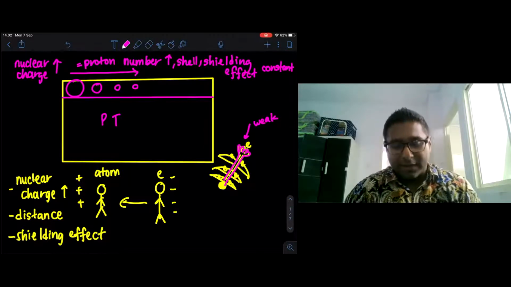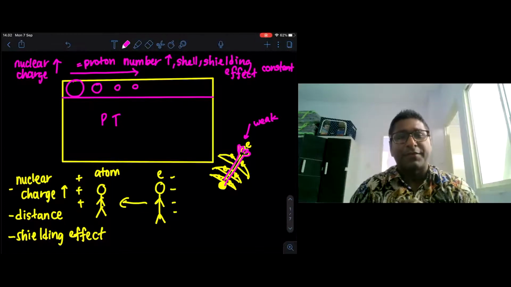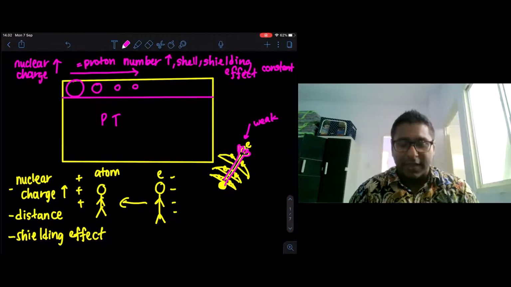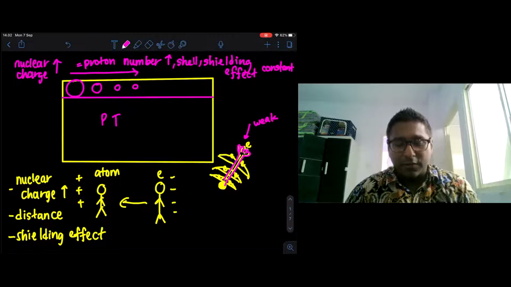And what does it do? It means that your protons have a greater attraction towards those electrons and they tend to pull them closer. It means that they are really strong.